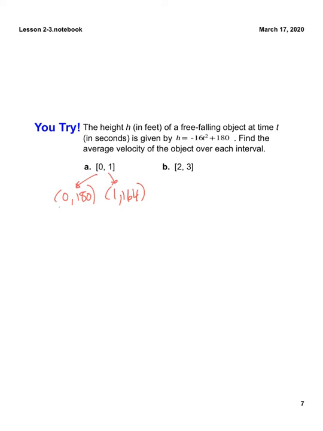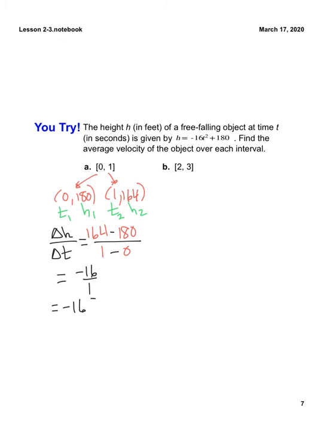So this is your t sub 1, h sub 1, t sub 2, h sub 2. So our change in h over change in t, put in our values 164, 180, 1 and 0, gave us negative 16 over 1, which means it's negative 16 feet per second.